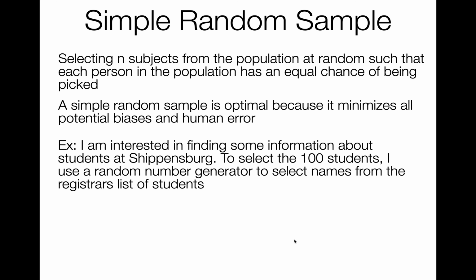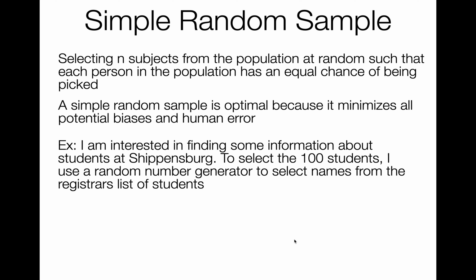So here's an example. Suppose I'm interested in finding some information about students at Shippensburg. To select the 100 students, I use a random number generator to select names from the registrar's list of students. Okay, so the registrar has a list of all possible students, and who knows how many there are. Say there's 4,500 undergrad students at Shippensburg.